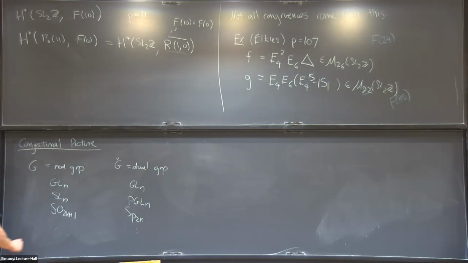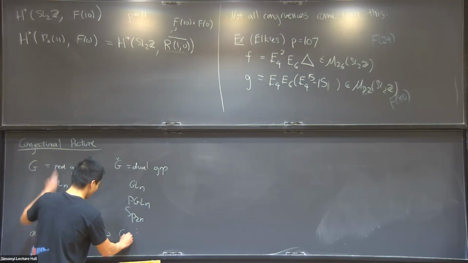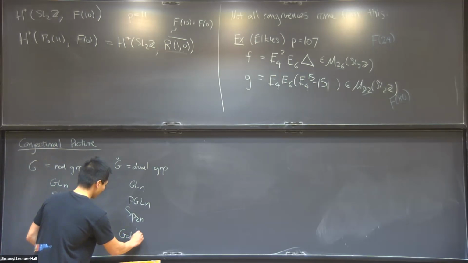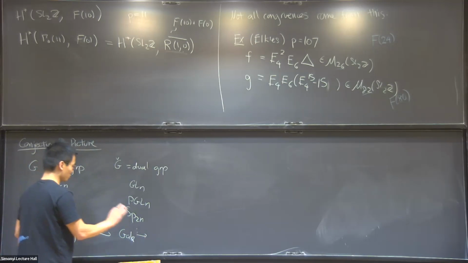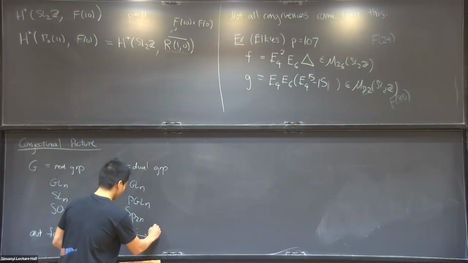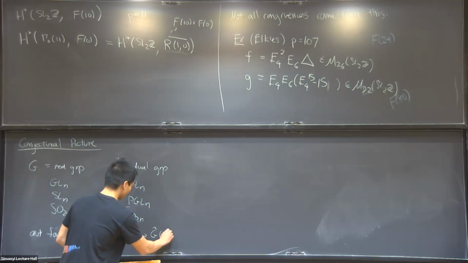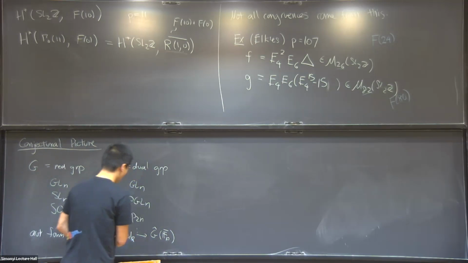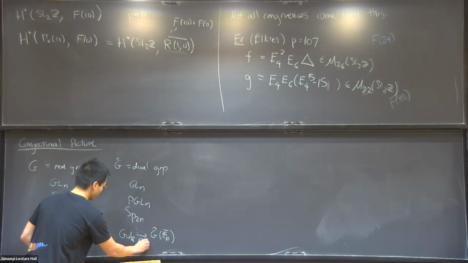So the idea is that given an automorphic form F for G, we're going to be able to cook up some Galois representation. This is a conjecture. Certain technical details will maybe be simplified. But there will be some associated Galois representation.